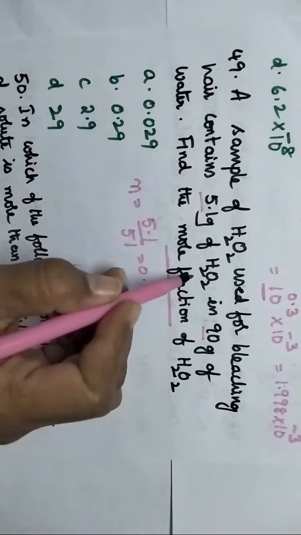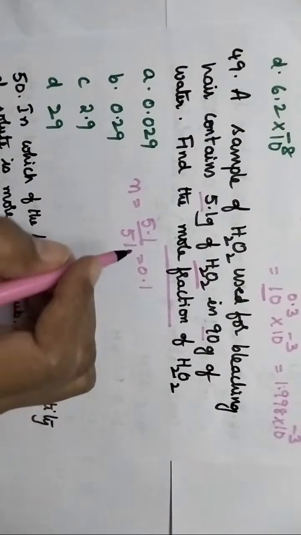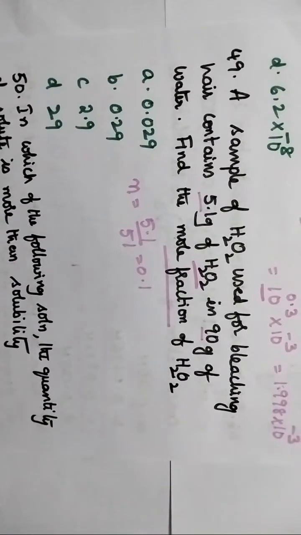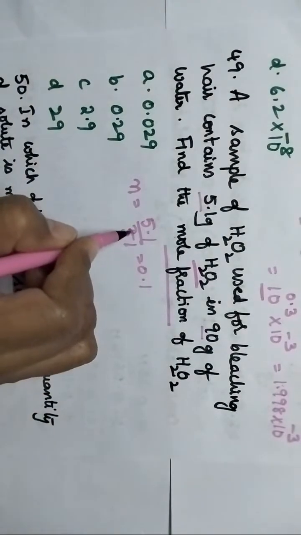Sorry, you just calculate the gram molecular weight of hydrogen peroxide. It is 34.